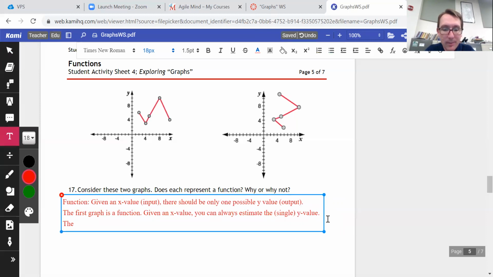The second graph is not a function. Given the x value 5, you can find several possible y values.